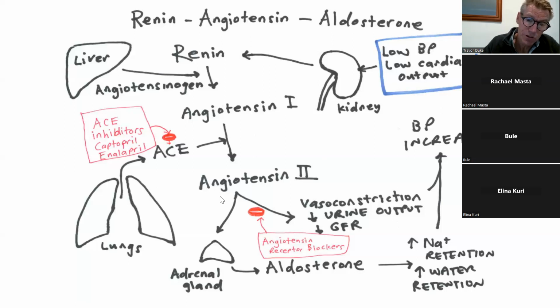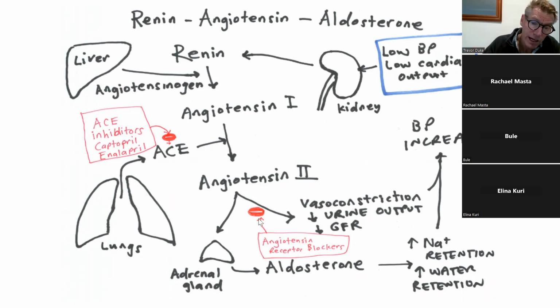And angiotensin 2 is the strongest vasoconstrictor in the body, so that leads to an increase in blood pressure, and remember, a narrow pulse pressure, to maintain perfusion pressure to the kidneys and the brain and the heart. You get a higher mean arterial pressure, but the clinical feature is a low pulse pressure.